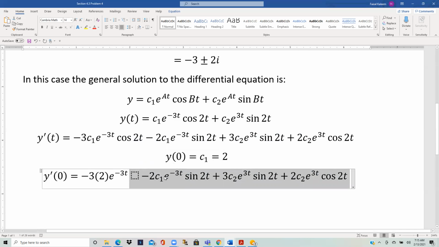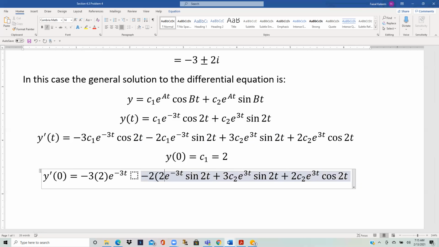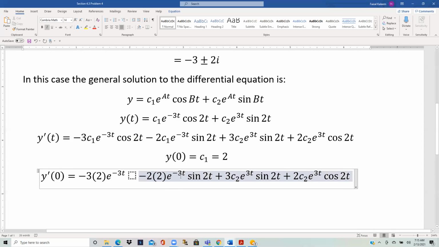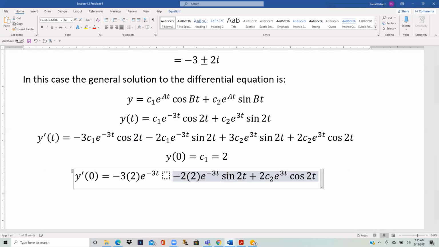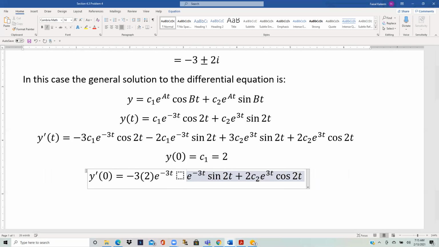Okay, and here c1 can be replaced by 2. We already had a 2, so it was 2c1, so 2 times 2. And e to the 0 is 1, and sine 0 is 0. So actually this term just goes away. And this one is also a sine term, so that will also go away. Sine 0 is 0.